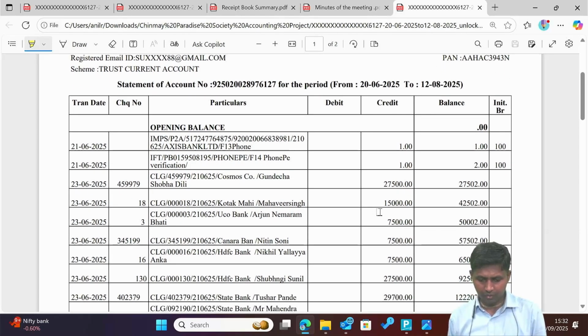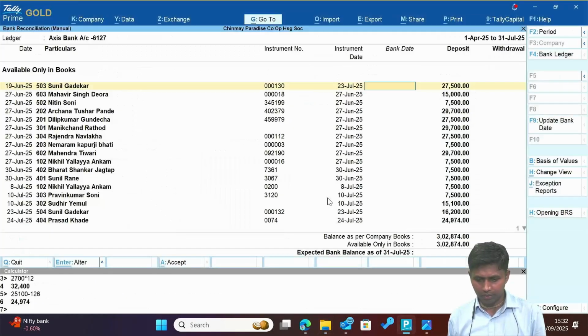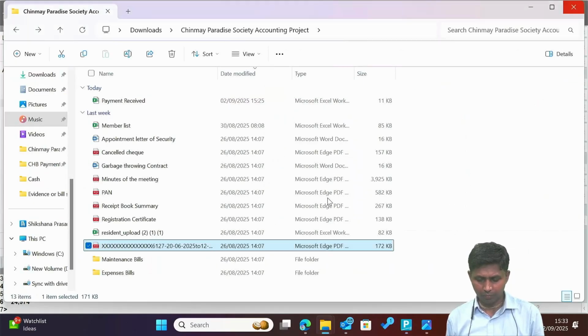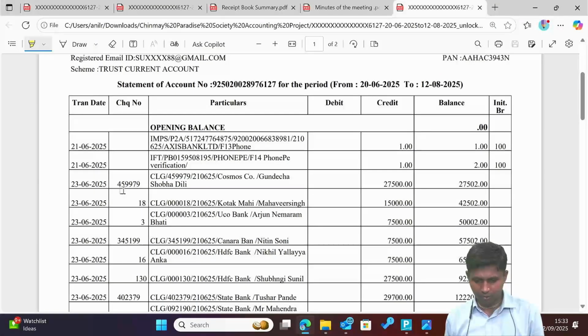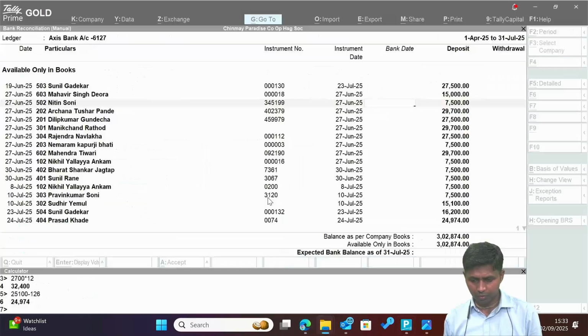First we have the 23rd, Gundecha, in the tally. With the help of amount or instrument number you can search. It's better to search with the help of instrument number. Copy from the tally.